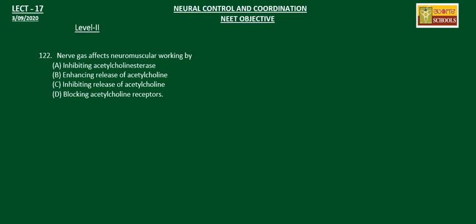Nerve gas affects neuromuscular working by. These nerve gases are also called nerve agents. These nerve agents are extremely toxic relatives of organophosphate insecticides.